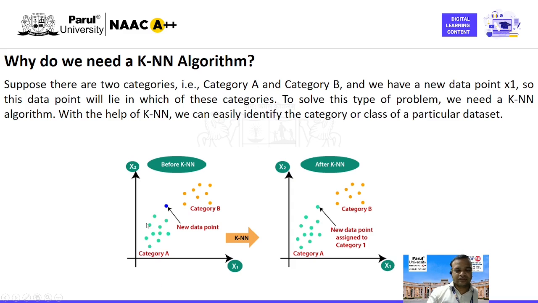Look at this picture: category A data points and category B data points. This is the new data point.